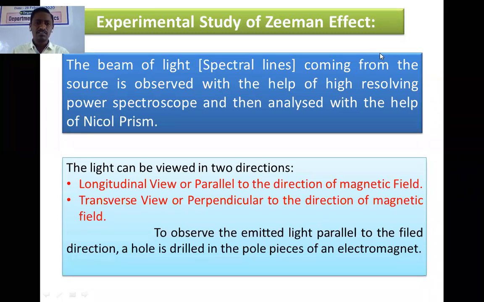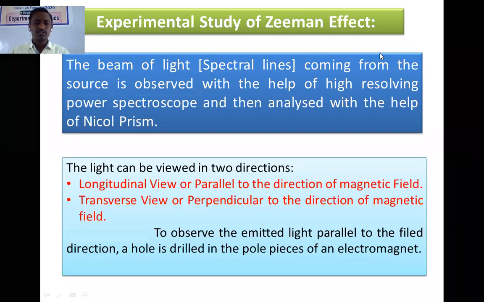The Nicol prism is always connected to the high resolving power spectroscope, so we can observe the lines and also get the kind of polarization produced in the spectral lines.